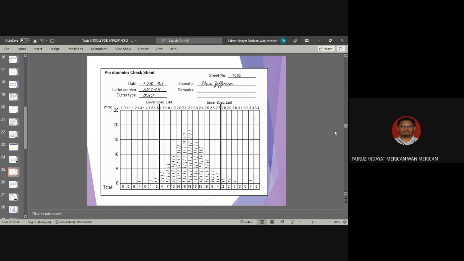After that, the machine starts to produce the pin with a much wider diameter, but the numbers start to decrease. So that's a pattern. And from there, the management or the supervisor or whoever it is can decide whether to take action, whether they need to improve the quality of the pin or improve the quality of the cutter used, and so on. And that's how they use the check sheet for quality control and quality improvement.